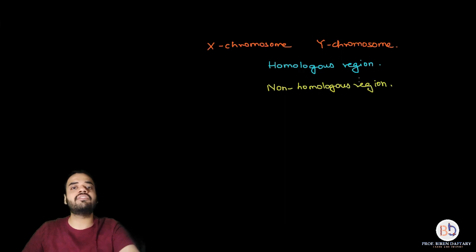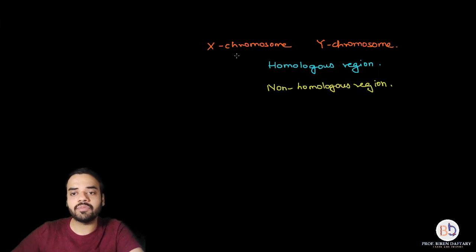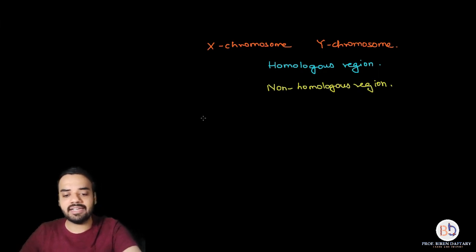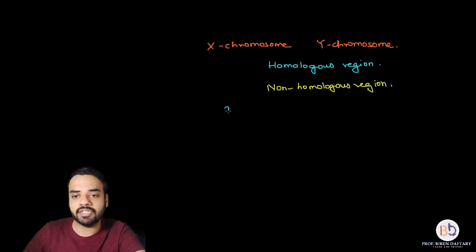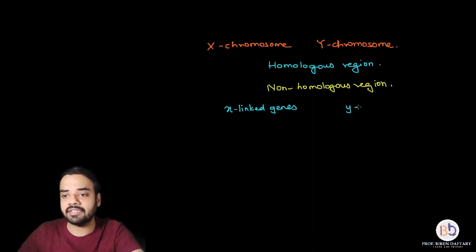Then we had talked about the genes which are present in the non-homologous regions. In the case of the X chromosome, these genes are called X-linked genes. So I will write down over here: the genes which are present in the non-homologous region of the X chromosome are called X-linked genes, whereas the genes which are present in the non-homologous region of the Y chromosome are called Y-linked genes.